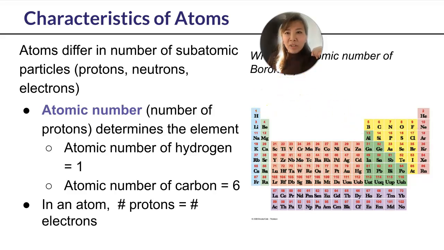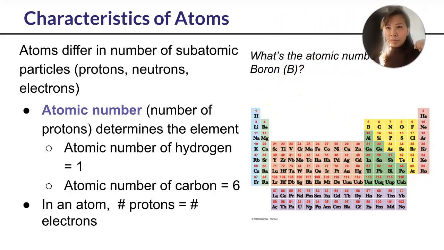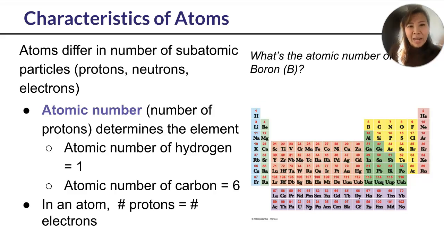And so when we look at atoms, they differ based on their subatomic particles, that is, their protons, their neutrons, and their electrons. That's how they differ between them. The atomic number, when we're trying to determine what element we're looking at, is based on the number of protons in that element.